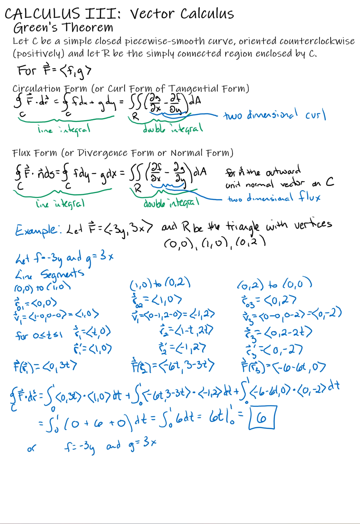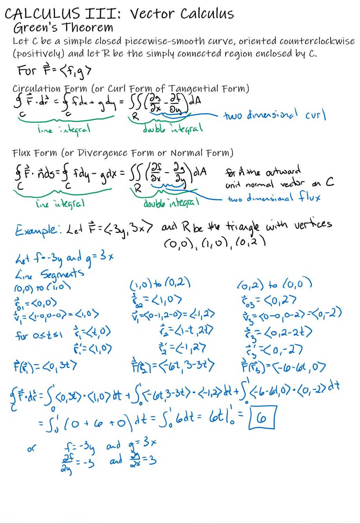And so we'll need the partial of f with respect to y, which is still -3. All right, that works. The partial of g with respect to x, that's actually +3. Okay, there we go.